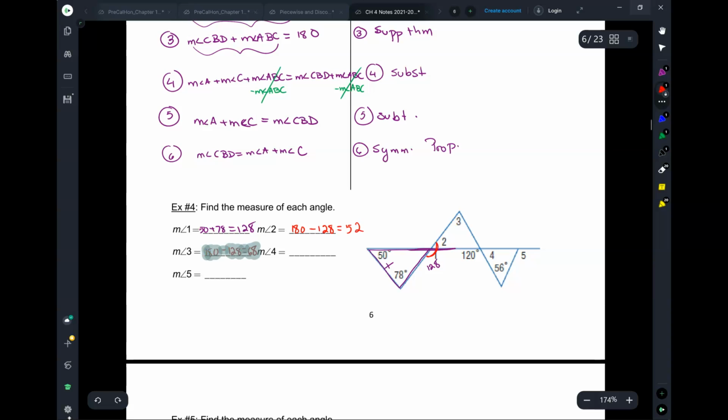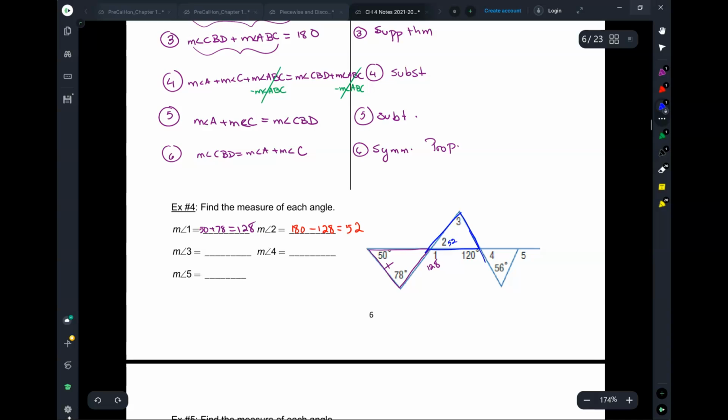Okay, measure of angle 3. All right, so we said 2 was 52. Do you see how this is a triangle? Let me erase some of these.